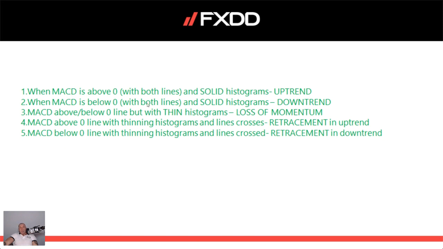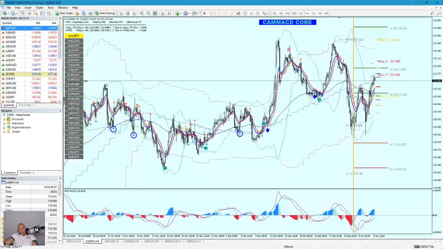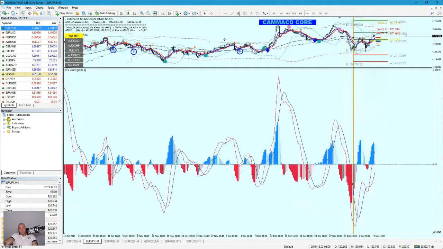When MACD is below the zero line with both lines and solid histograms, it's a downtrend. When MACD is above or below the zero line but with thinning histograms, it's loss of momentum. MACD above the zero line with thinning histograms and lines crossed, retracement in an uptrend. MACD below the zero line with thinning histograms and lines crossed, retracement in a downtrend.